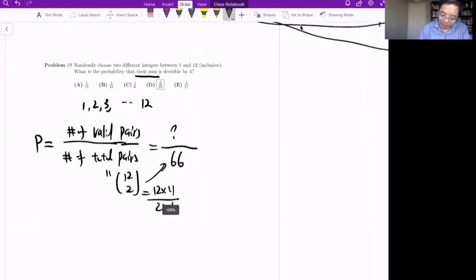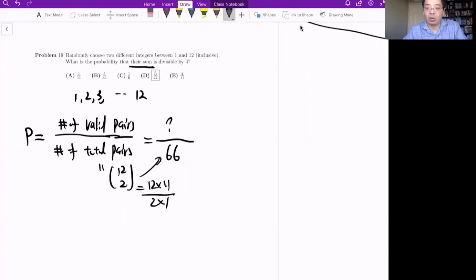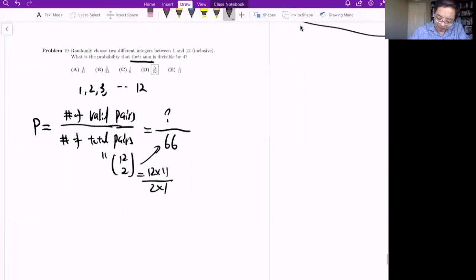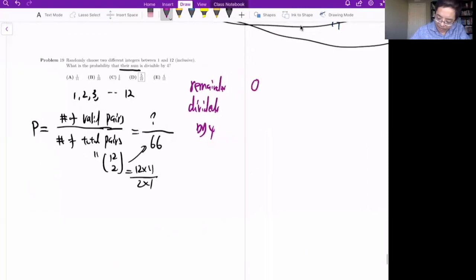The most efficient way is as put in the hint. Because what you care about is divisibility by 4, the only thing that matters is the remainder. So we divide 1 to 12 into 4 categories in terms of remainder when divided by 4: remainder 0, 1, 2, 3.